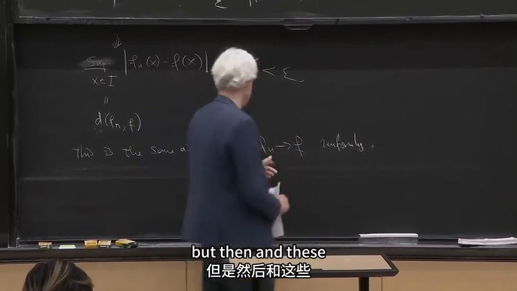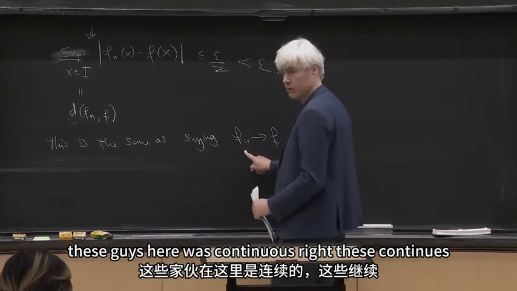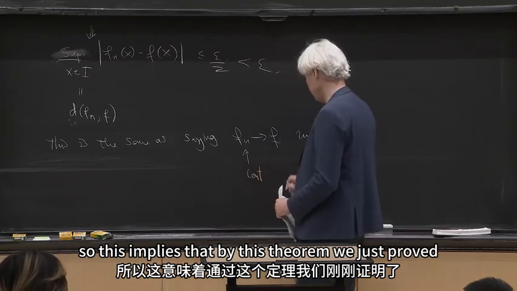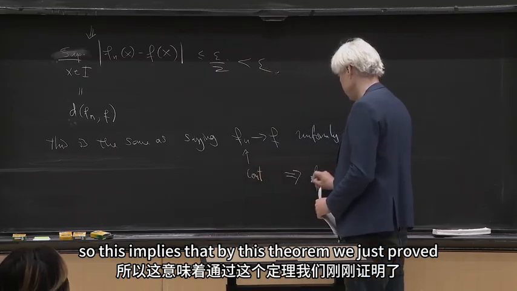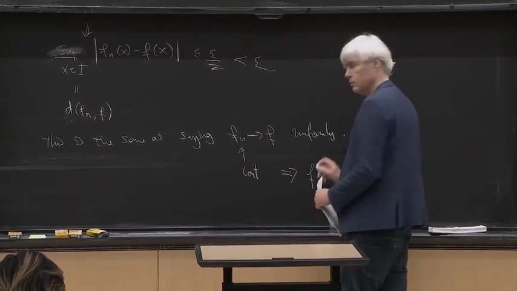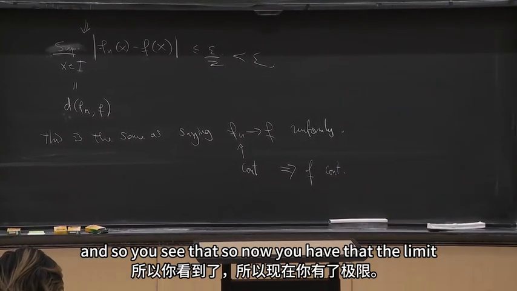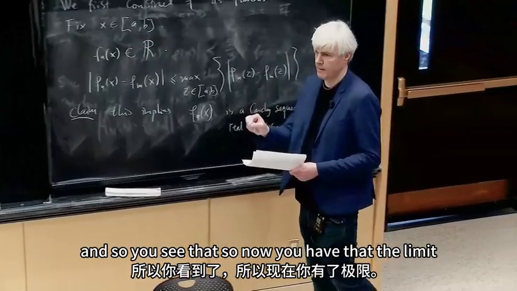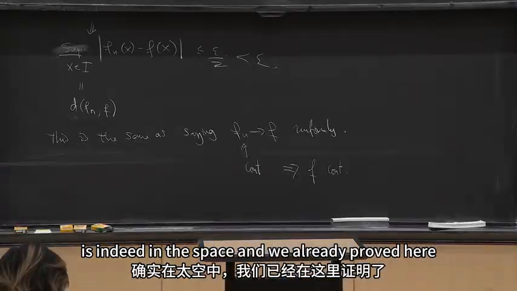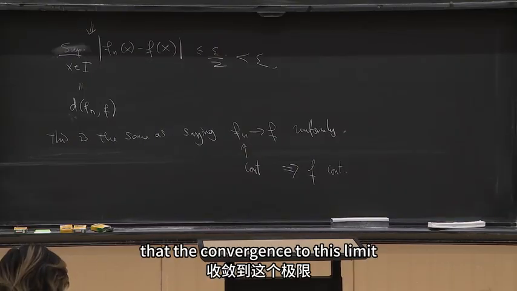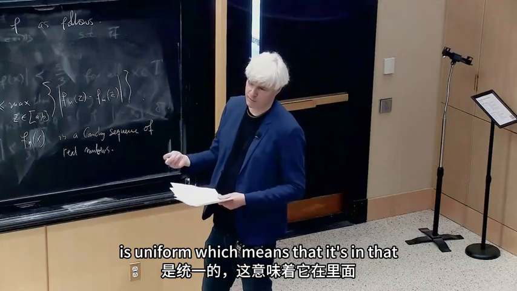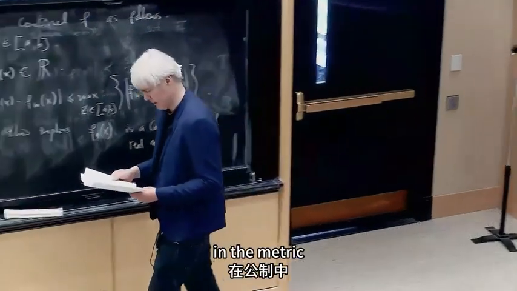And these Fn here are continuous. So this implies, by the theorem we just proved, that f is also continuous. And so now you have that the limit is indeed in the space, and we already proved that the convergence to this limit is uniform, which means it converges in the metric.